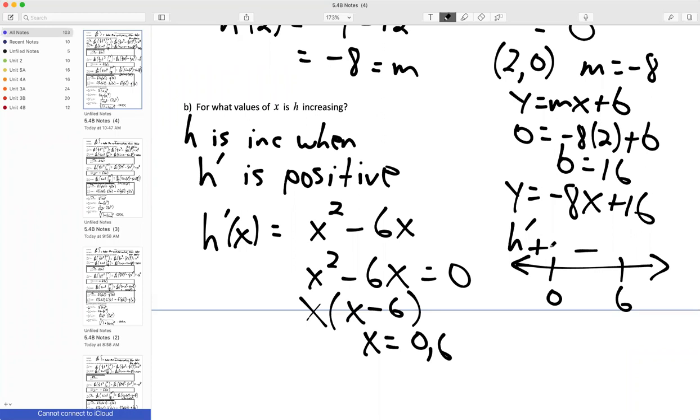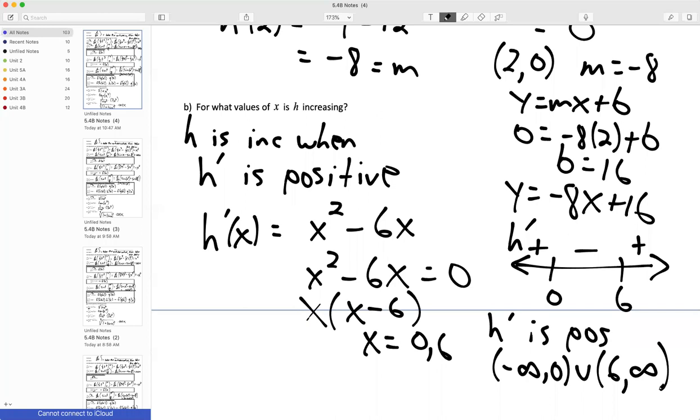If I plug in 7, I've got 7 times 1, which is positive. So h prime is positive on the interval from negative infinity to 0 and 6 to infinity. All right. Let's get those tests.